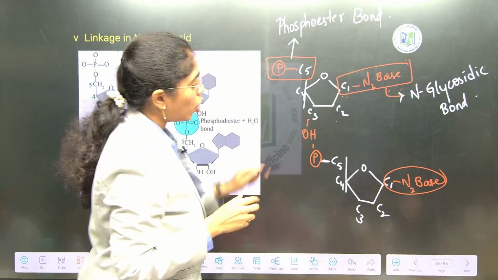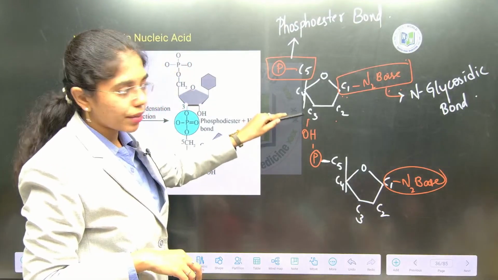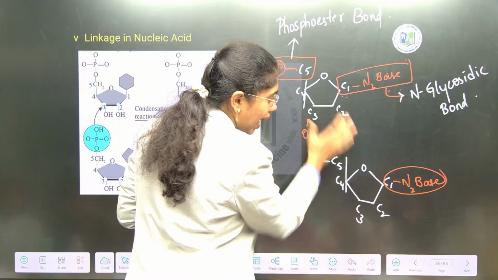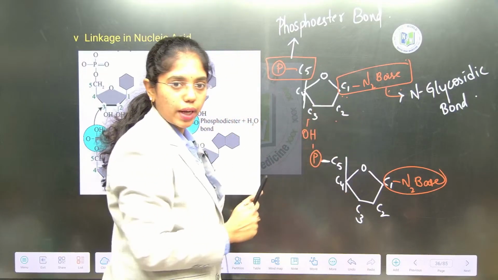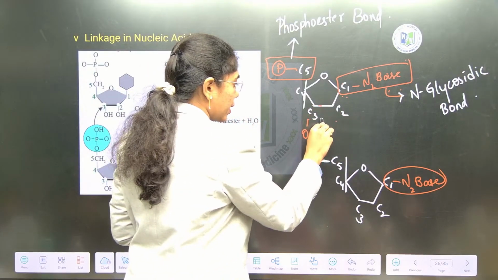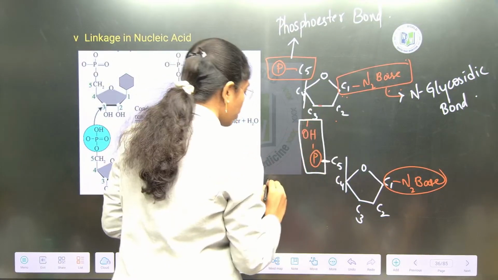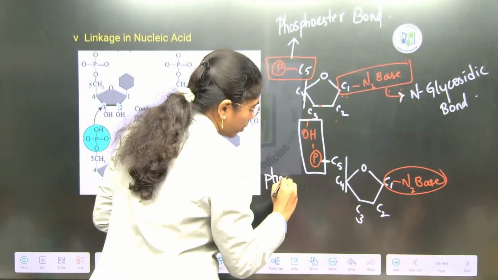And here the OH group which is present at the third carbon, to the phosphate group which is present at the fifth carbon of the succeeding nucleotide, this will be connected via a phosphodiester bond.